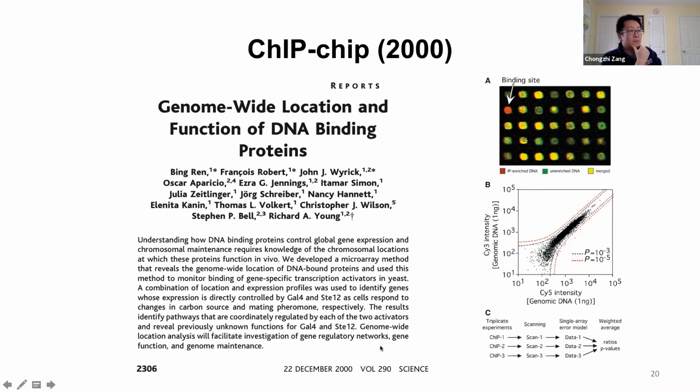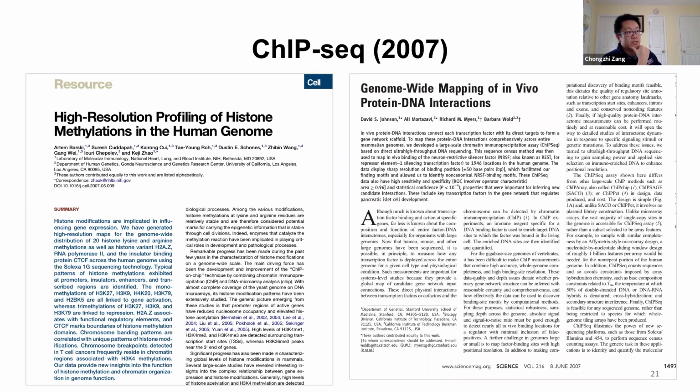A few years later, next generation sequencing, or Illumina sequencing, was developed. People who studied ChIP soon realized that next generation sequencing can be a powerful tool to combine with immunoprecipitation, to give a genome-wide landscape, or genome-wide profile, of these protein factors.